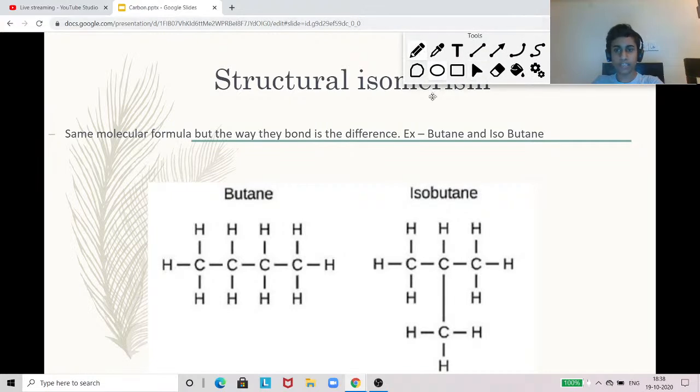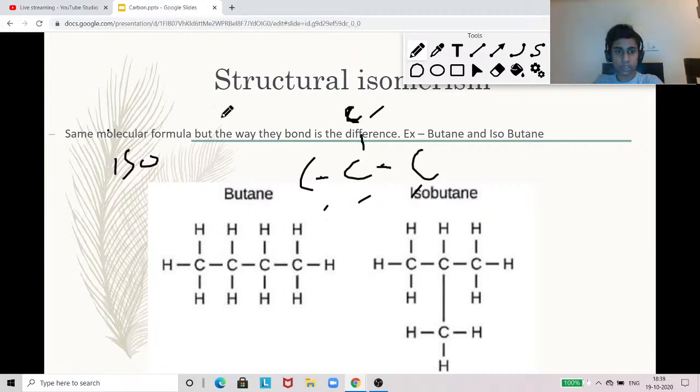Now, we have a good example here, butane and isobutane. Butane has four carbon atoms and all the hydrogens. Now, isobutane: if we have any number of carbon atoms and we have another carbon here, then its common name would be iso, and we count the number of carbon atoms: one, two, three, four.